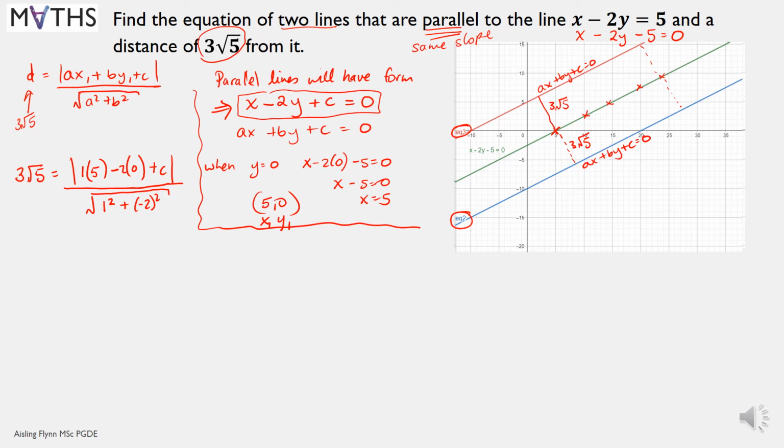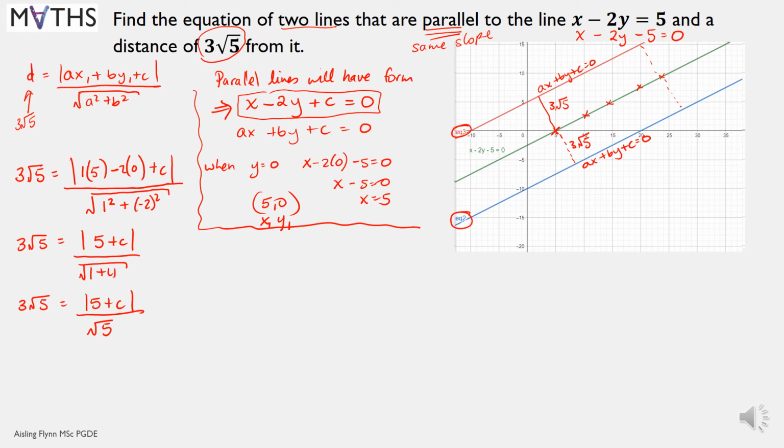So 3 root 5, let's simplify everywhere first. We get 5, now 2 times 0 is nothing, so the modulus of 5 plus c over the square root of 1 plus 4. So we get 3 root 5 equal to the modulus of 5 plus c divided by the square root of 5.